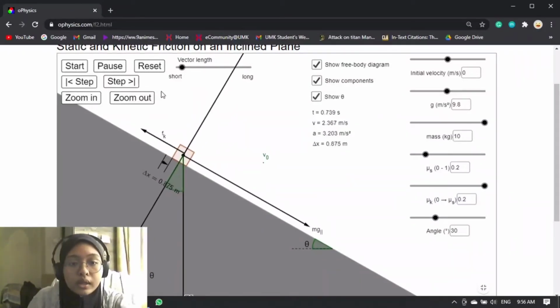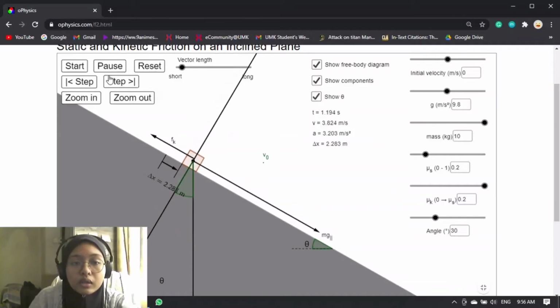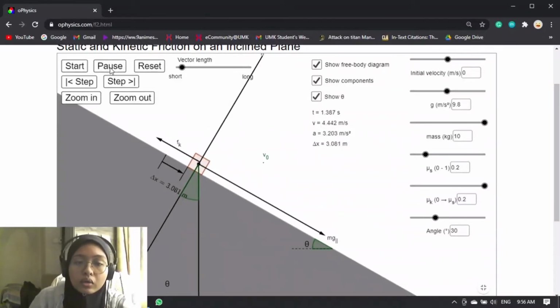Okay, as you can see here, the block finally starts moving. So I conclude that maybe the coefficient of static friction has to be lower so that the block will start moving from its static position.